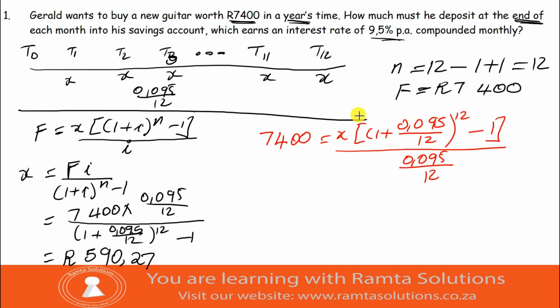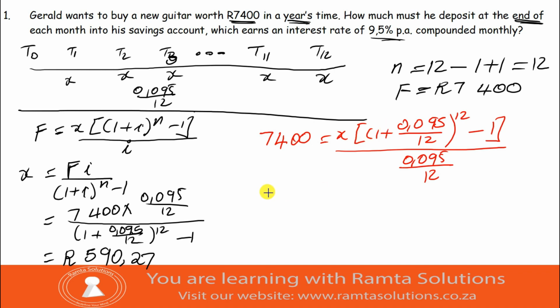Let's find this: open bracket 1 plus 0.095 over 12, close the bracket, to the power 12 minus 1, all over 0.095 over 12.